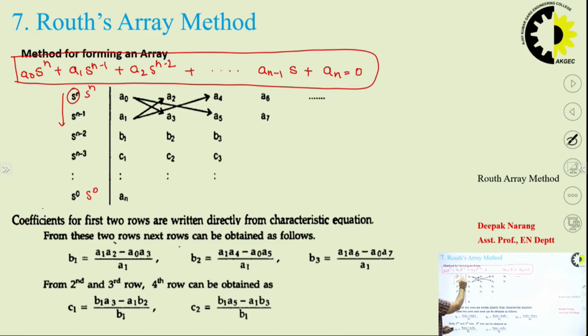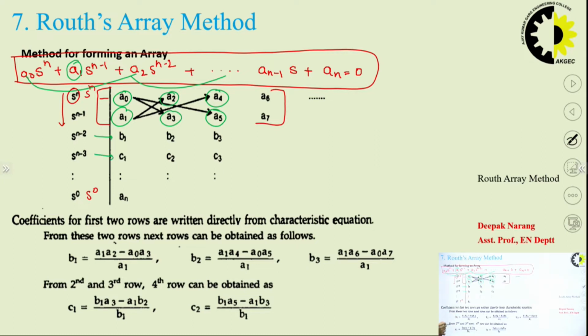The first two rows are filled with the coefficients of this characteristic equation: A0, A2, A4 and so on in the first row, and then in the second row the left out coefficients A1, A3, A5, written in this way.